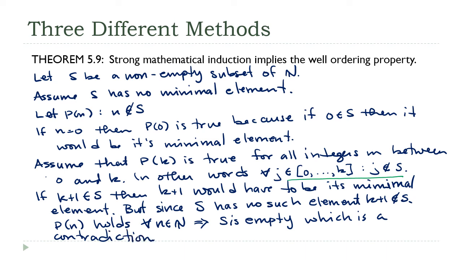Right? And since we've reached a contradiction, our original assumption that S has no minimal element must be false. Right? Therefore, S has a minimal element, which is what we needed to show.